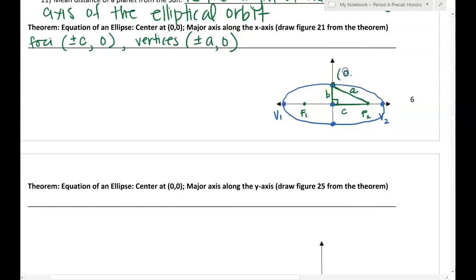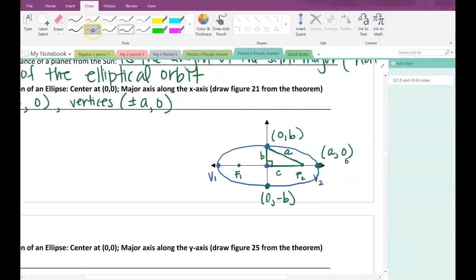This should have been labeled 0, comma B. This down here is 0, comma negative B. Over here, all the way over here, yes, that's also A, comma 0. So let me draw that out again in red. Remember, A is the hypotenuse of the triangle, but this distance right here from the center to the vertex is also A. Over here, this vertex 1 is negative A comma 0. Okay.